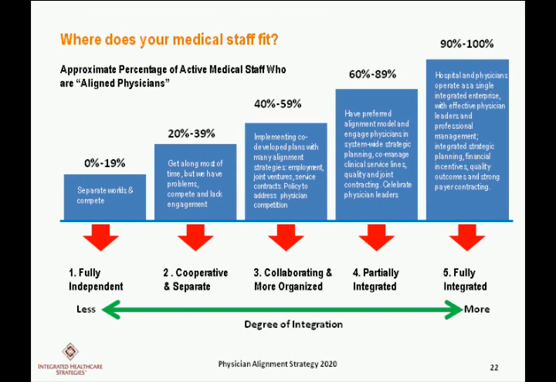Most of you have mixed model medical staffs. On slide 22, we're sharing with you on the left less integrated medical staffs, and on the right, fully integrated. Most hospitals over the foreseeable future, from now through the summer of the year 2020, will not be anywhere close to the right side of this chart.